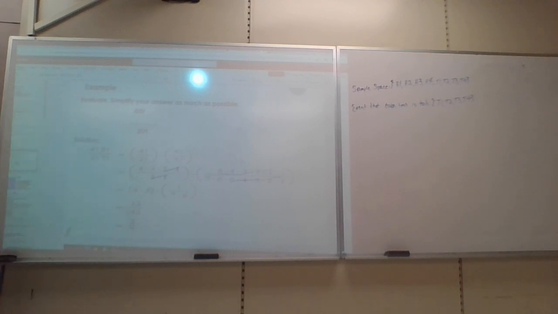You can also do it by calculator. So if you just get your handy dandy calculator out. I'm not going to get my graphing one, I'm going to get my scientific one, just like the picture is. Clear.